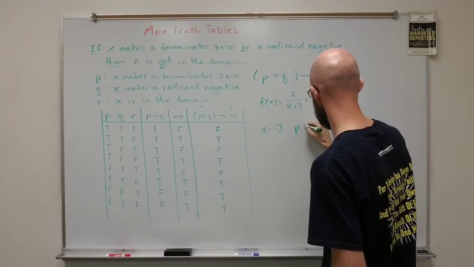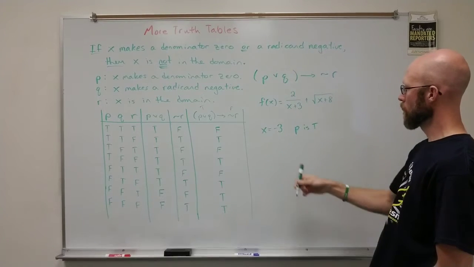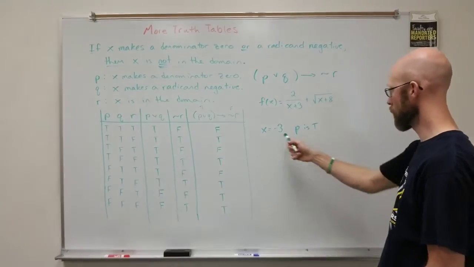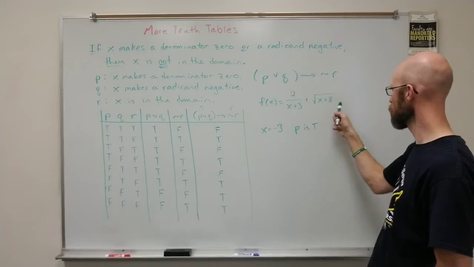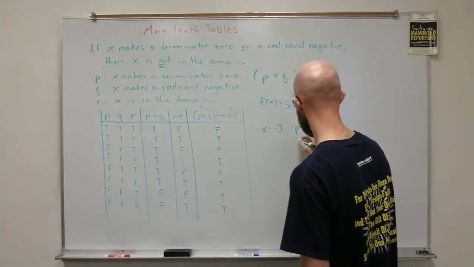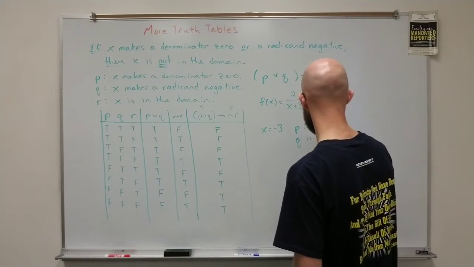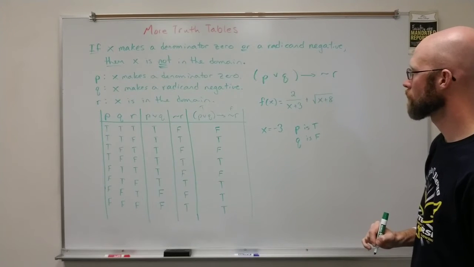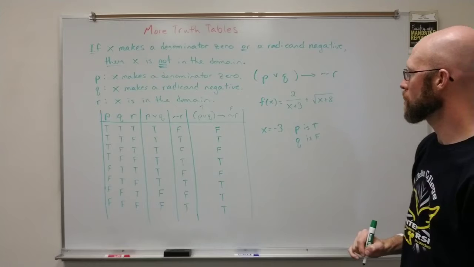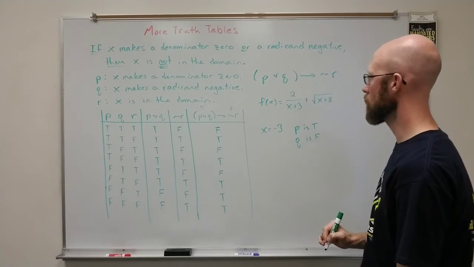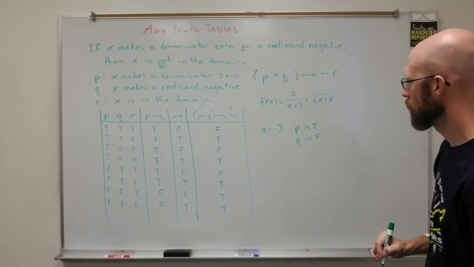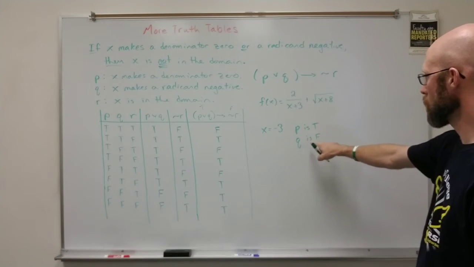But x does not make the radicand negative, right? Oh wait, yeah, -3 plus 8 is 5. So q is false. Then x is not in the domain. And so p is true, q is false.